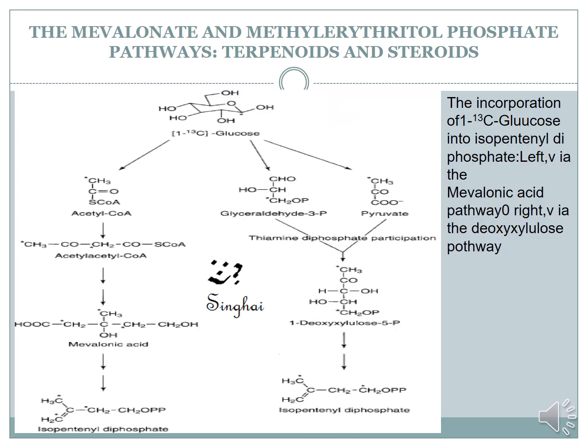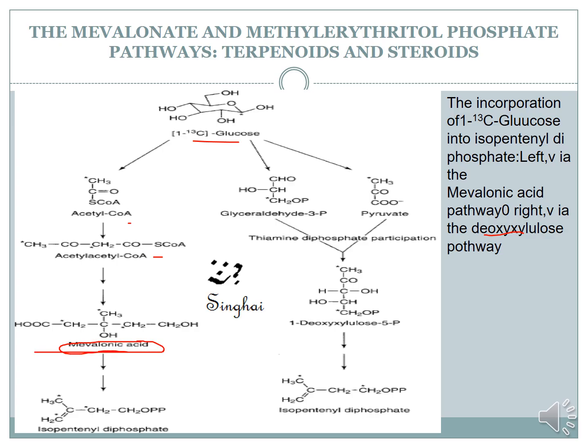Now we can see the other pathway, called the DOX pathway, the deoxyxylulose pathway, for the formation of compounds. Glucose forms acetyl coenzyme A and acetoacetyl coenzyme A, which give the formation of mevalonic acid. This is the conventional method which you had seen.